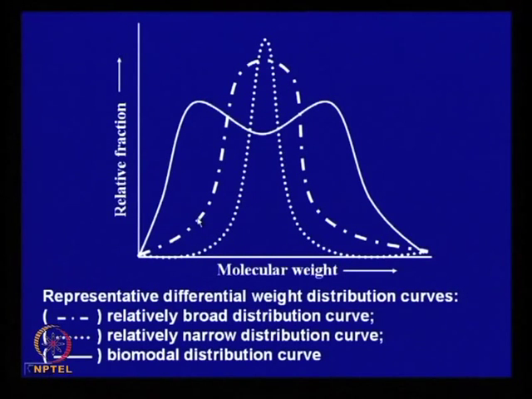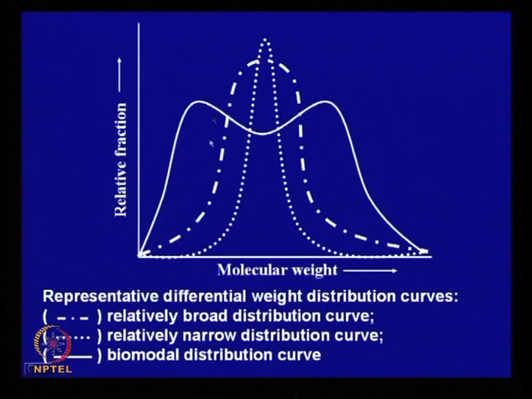Distribution is broad, meaning this distribution shows species or fractions of low molecular weight along with very high molecular weight, of which the highest fraction is obtained for medium molecular weight.